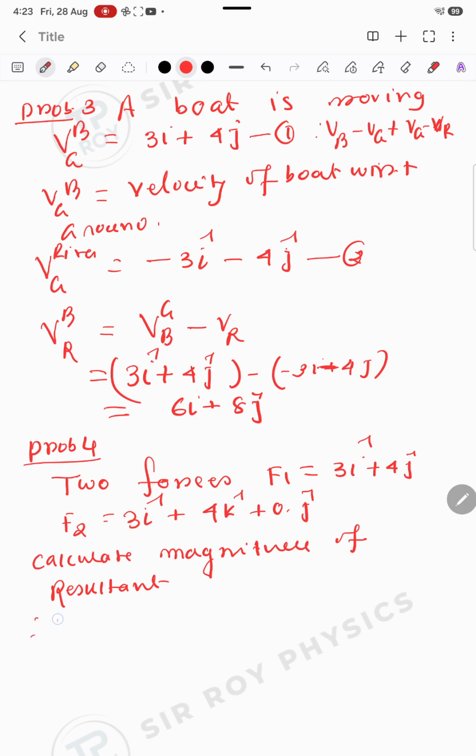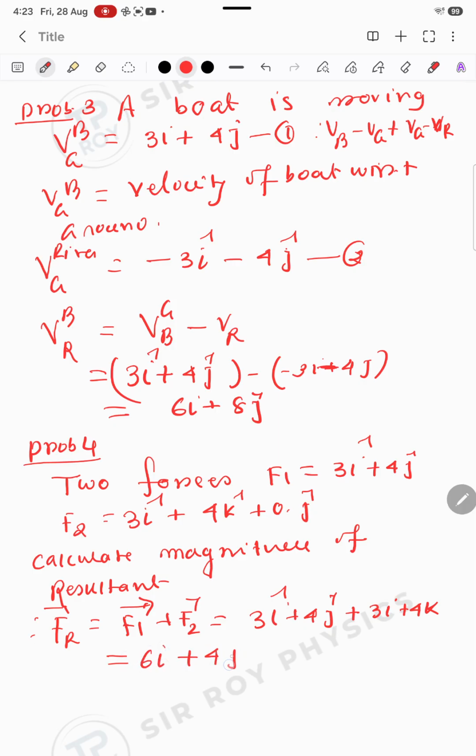What will you do? Resultant F equals F1 vector plus F2 vector. Then you get 3i plus 4j plus 3i plus 4k. Ultimately it is coming 6i plus 4j plus 4k.